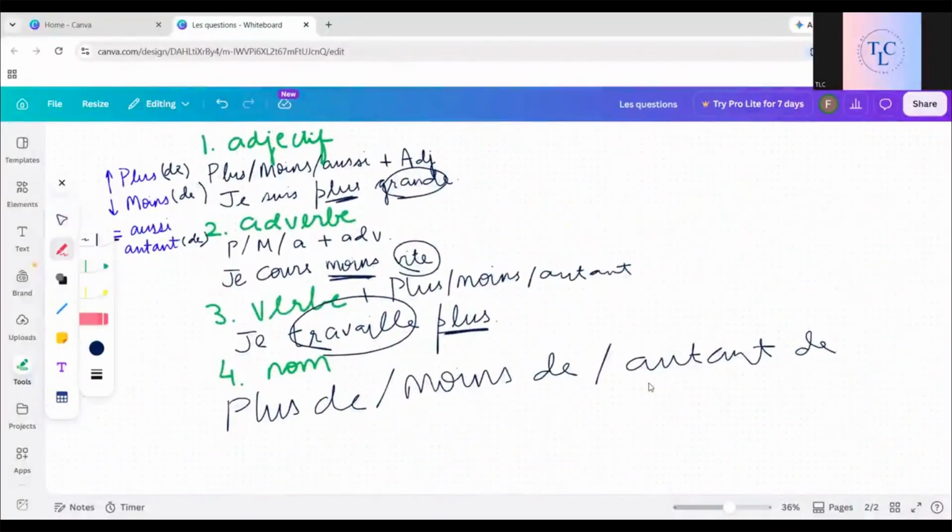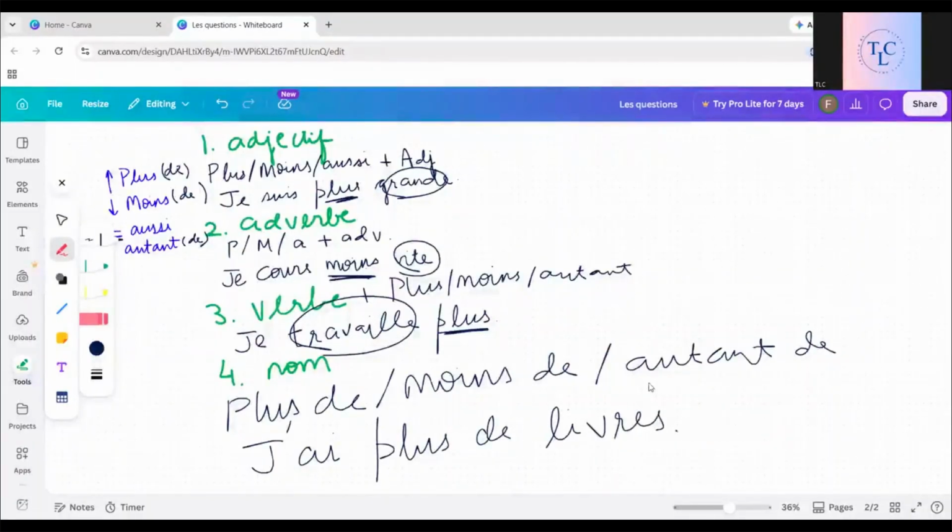Let's take an example. J'ai plus de livres. Okay. What am I comparing? The number of books. So, books, that's a noun. So, plus de before it. Plus de livres.